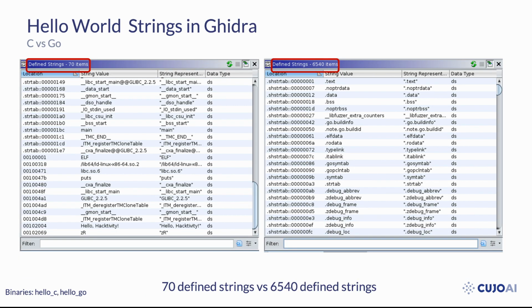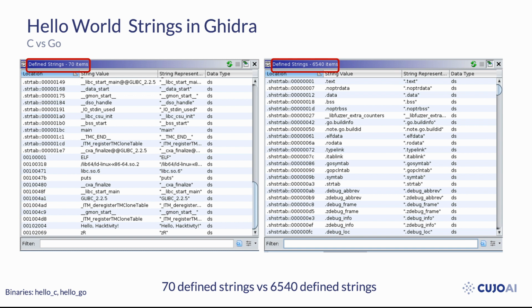So now that we talked about how to recover function names, let's turn to another issue that we were working with. It's how the strings are defined within Go. If we look at the Hello C and Hello Go examples again, we can see that there are 70 defined strings within the C binary, while there are more than 6,000 within the Go binary.